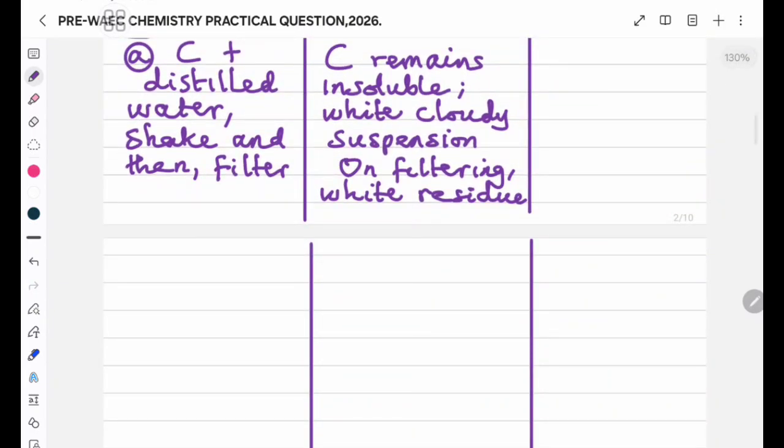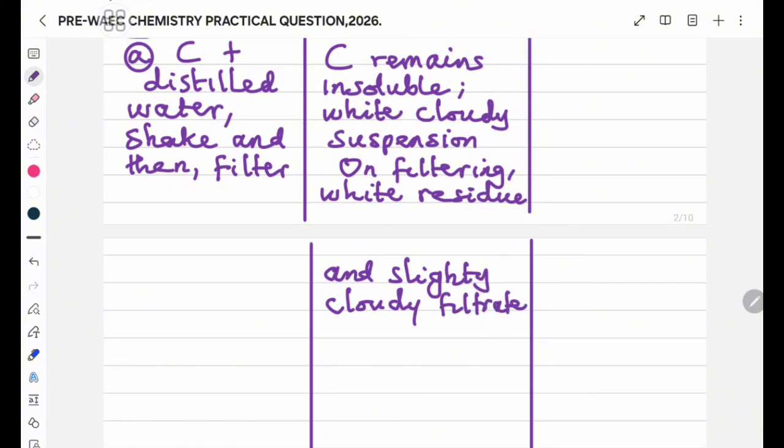And slightly cloudy filtrate, or turbid filtrate. Slightly cloudy or turbid.